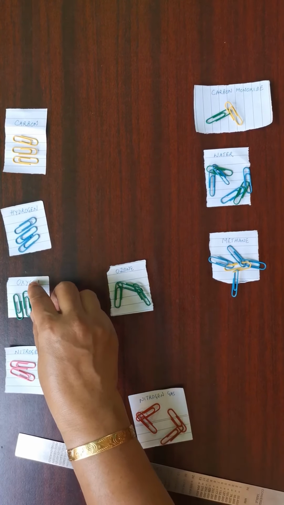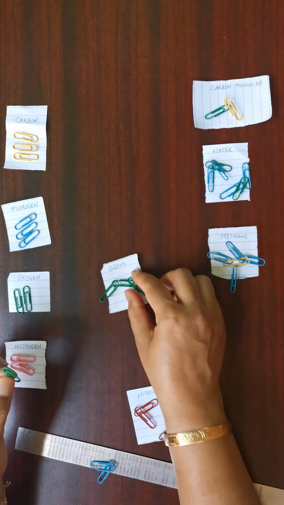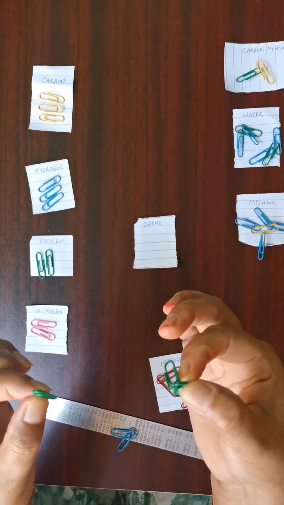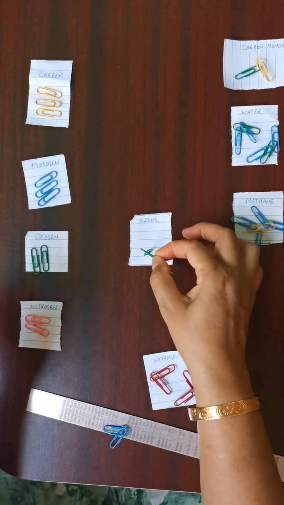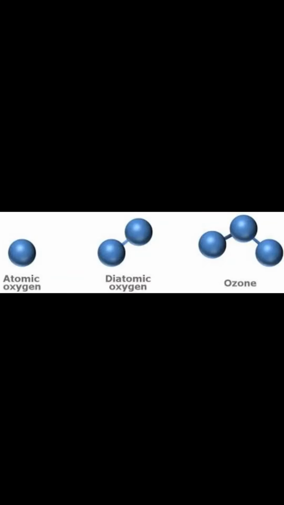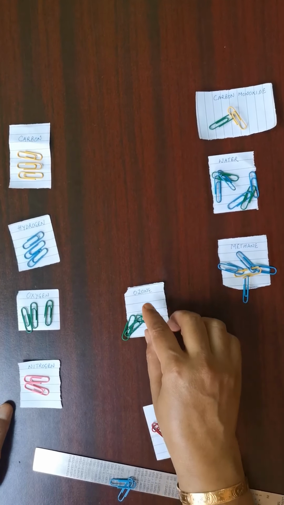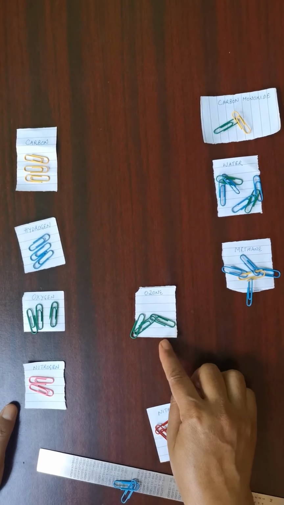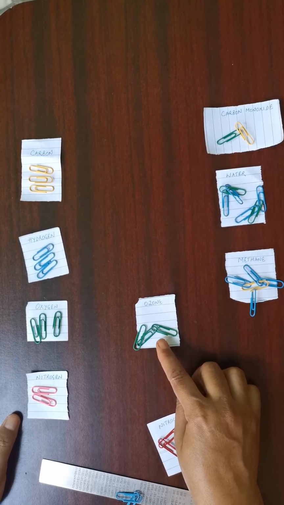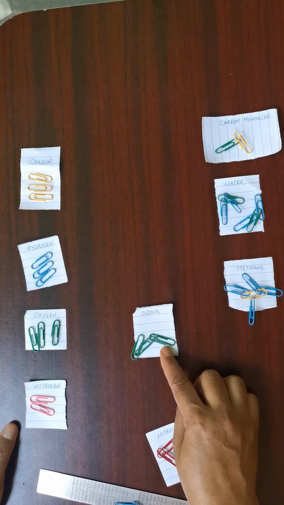If I say this is one atom of oxygen, but this is one molecule of ozone, right? So this is when the same kind of atoms combine chemically. I am repeating, the same kind of atoms are chemically combined. It is a molecule of an element.